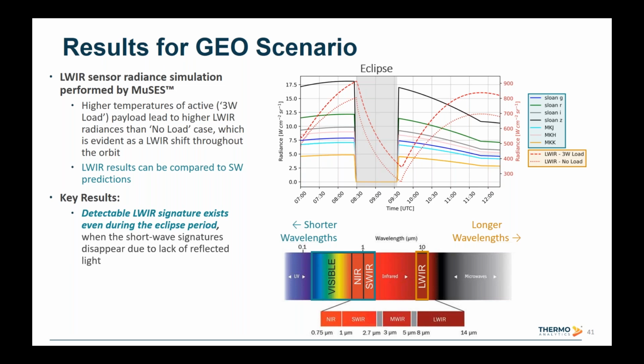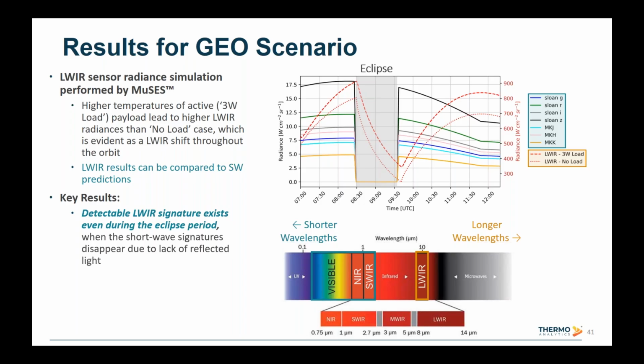You see them marked there in the bluish green box in the upper right. Those are all sensors that fall somewhere in the visible, near infrared, or SWIR band, shown at the bottom with the teal outline. Whereas the two red lines on the upper graph are both long wave predictions. And again, that's the longer wavelengths.